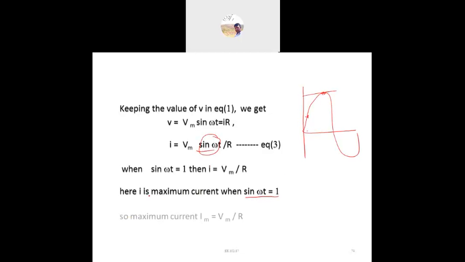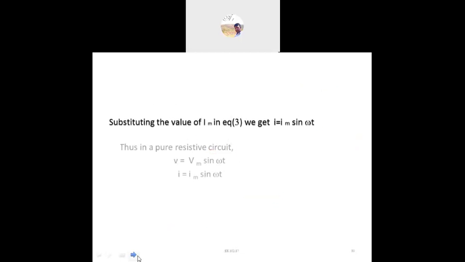The current I is maximum when sin omega t is equal to 1, and the maximum current Im is equal to Vm by R. So substituting, we get I is equal to Im sin omega t, where Im is the maximum current. So for the pure resistor circuit, V is equal to Vm sin omega t and I is equal to Im sin omega t.